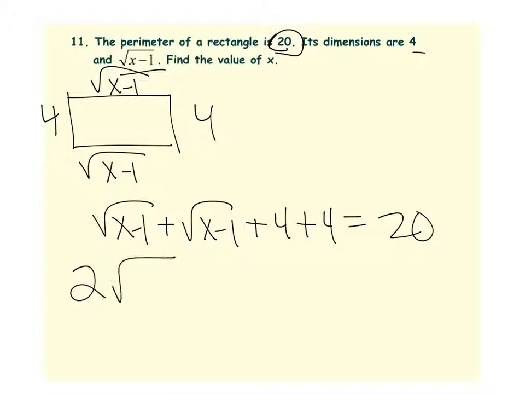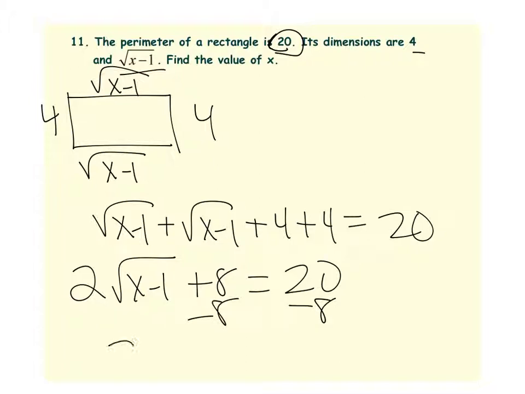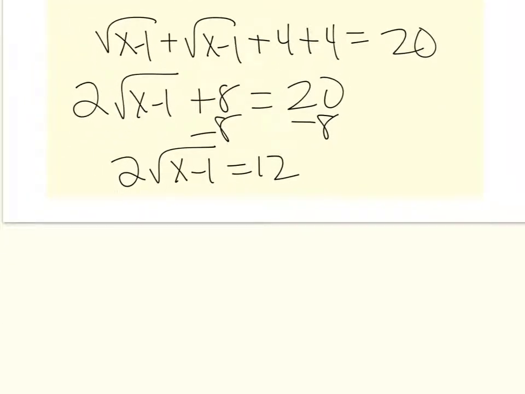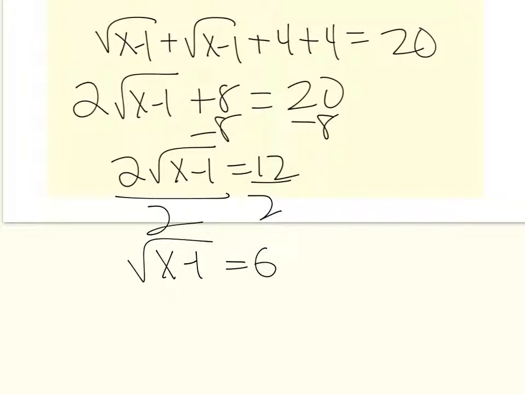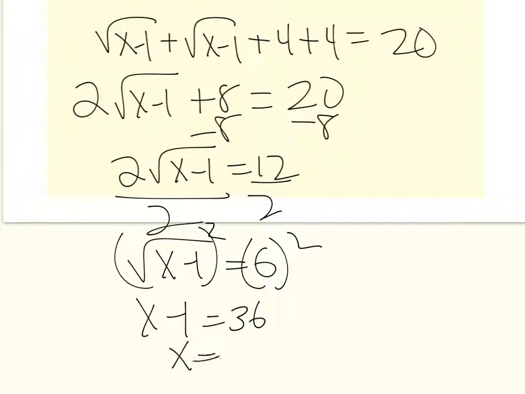So 2 square root of x minus 1 plus 8 equals 20. So then subtract 8, subtract 8. 2 square root of x minus 1 equals 12. So if I divide by 2, square root of x minus 1 equals 6, square, so x minus 1 equals 36, so I get x has to be 37. So now that's going to be your answer.